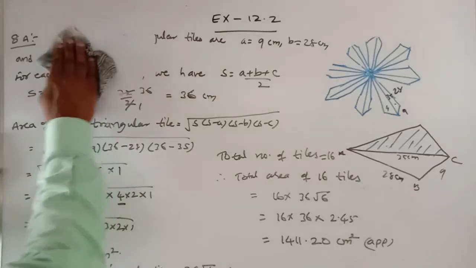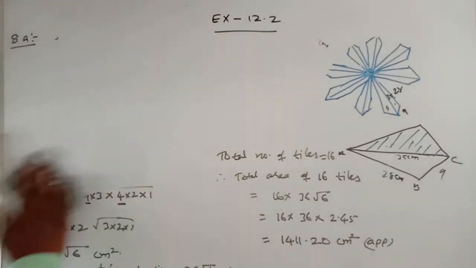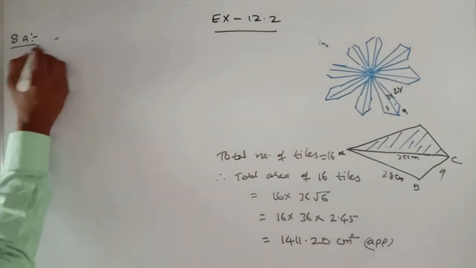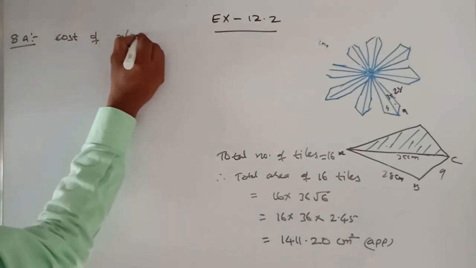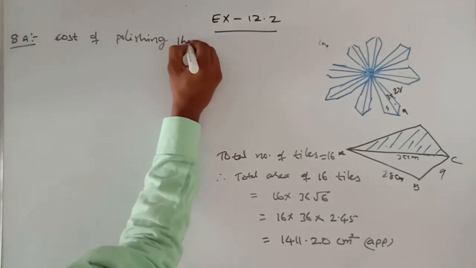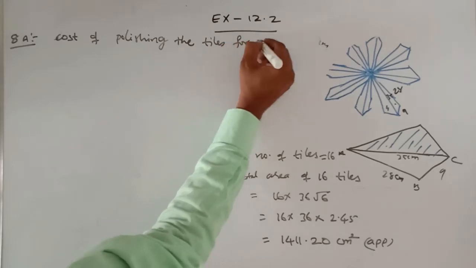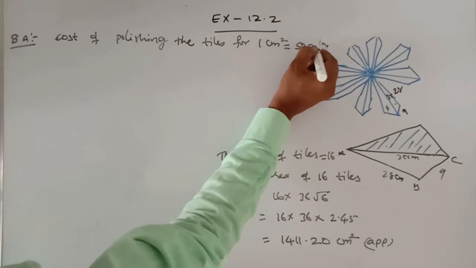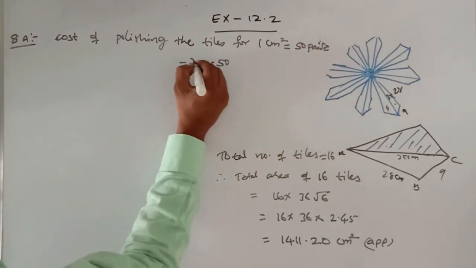Okay, now I am going to calculate the cost. Cost of polishing the tiles for 1 square centimeter is equal to 50 paise. That's equal to 0.5 rupees.